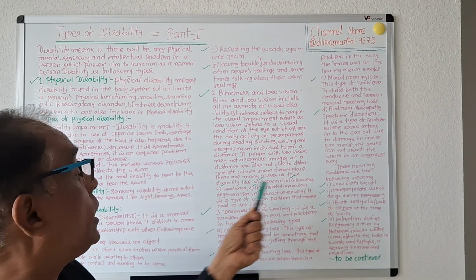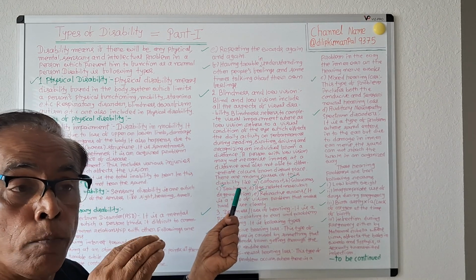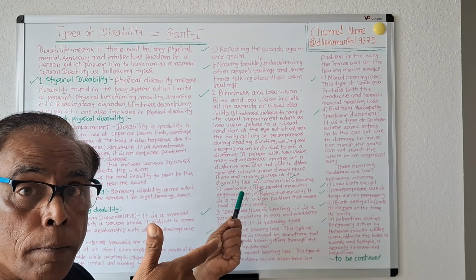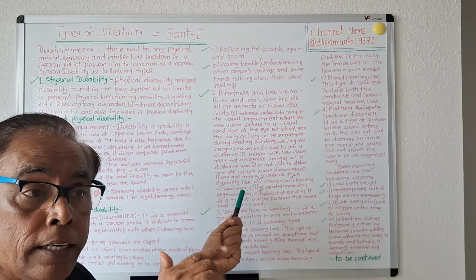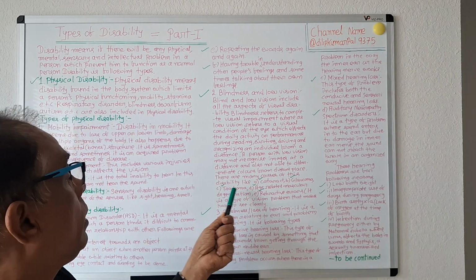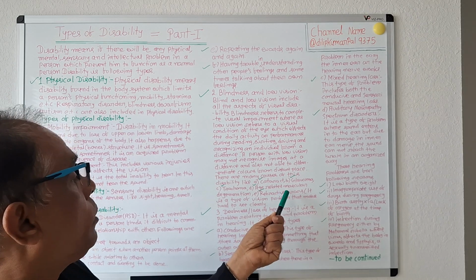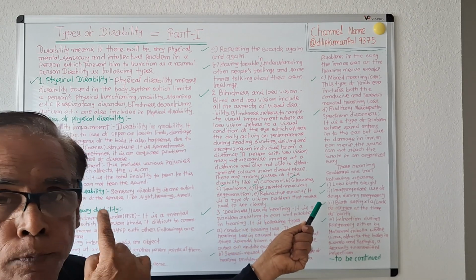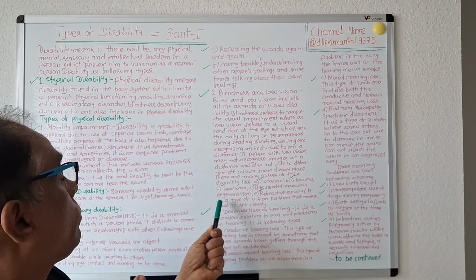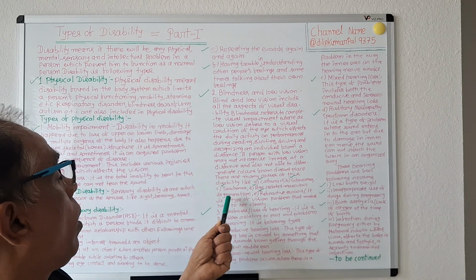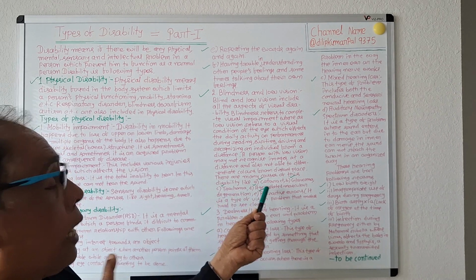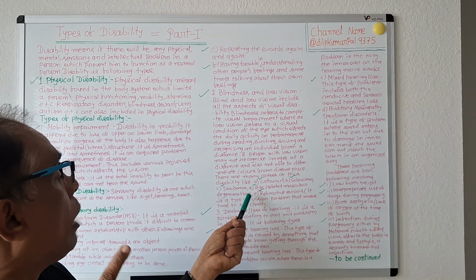There are many causes of this disability. Problems in the eye, visual problems or low vision are due to many conditions. Number one, cataract, a type of problem in the eye. Number two, glaucoma, another type of problem in the eye. Number three, trachoma.